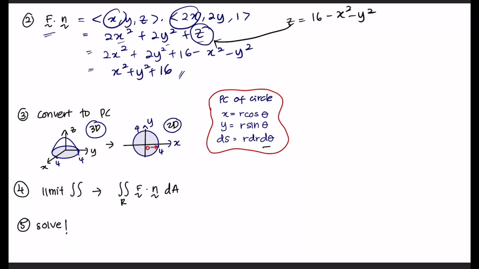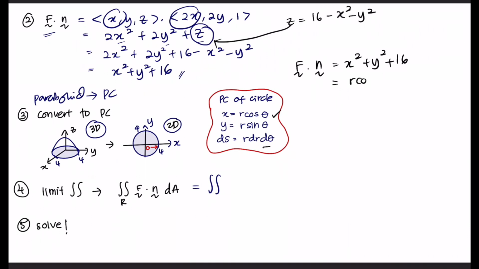Step number 3. Since the surface is a paraboloid, remember our step, you must change to polar coordinates. F dot n equals x squared plus y squared plus 16. Convert this to polar coordinates, so we have x equals r cos theta, so (r cos theta) squared plus (r sin theta) squared plus 16.